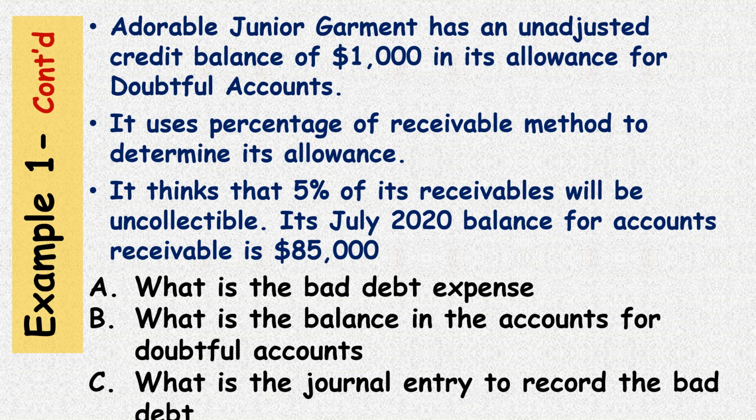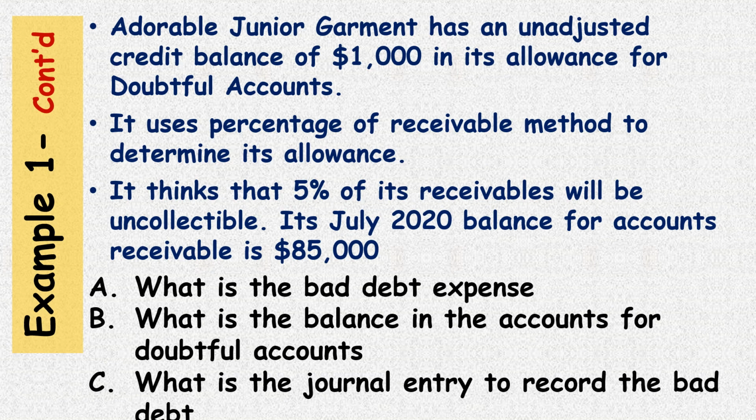Adorable Junior Garment has an unadjusted credit balance of $1,000 in its allowance for doubtful account. You know that because we just calculated that allowance account. It uses the percentage of receivables method to determine its allowance. And it thinks that 5% of the receivables will be uncollectible. Its July 2020 balance for account receivable is $85,000.